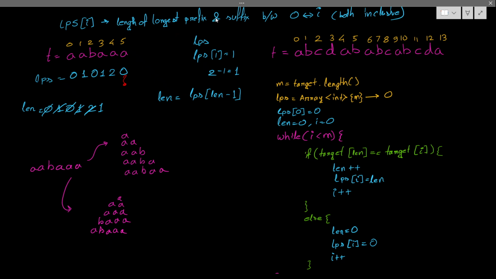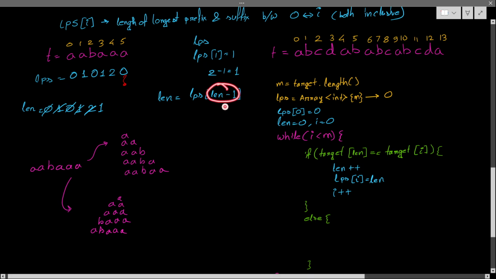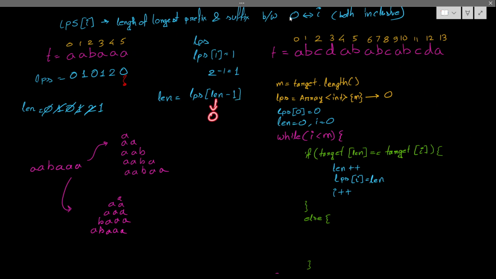So we have to update this else condition. There is also another problem. Length minus 1: if length is itself 0, then minus 1 is an invalid case, right? So you have to write another case.